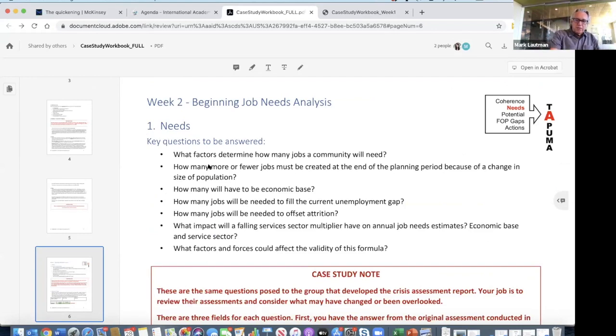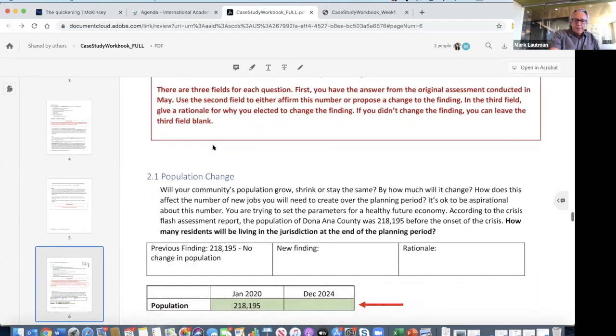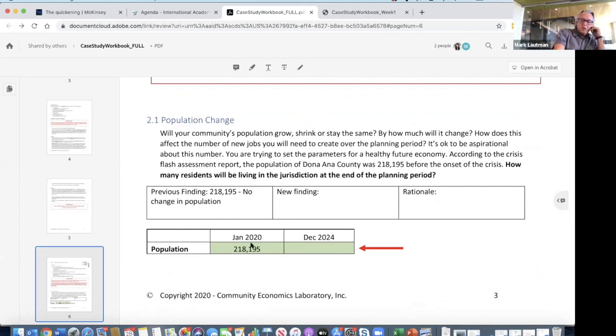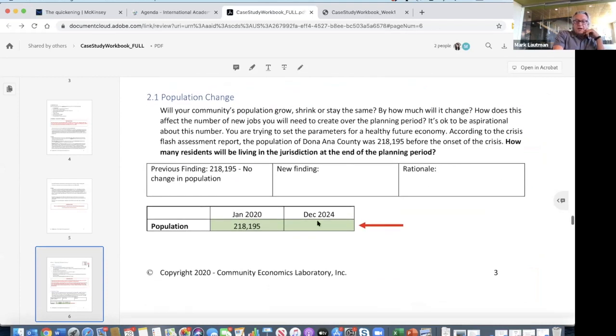You'll recognize I went through these questions here. Population change. So here's where you would, if you've got this printed out, you're going to want to consider, this is the population number. So in December of 2024, how many people are you going to have living there? If you think it's going to be more, put in more, and that's going to mean you've got to create some more economic base jobs.